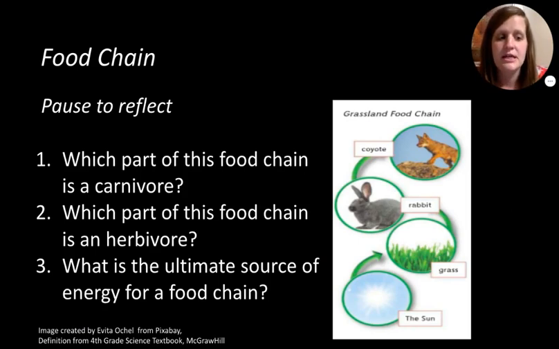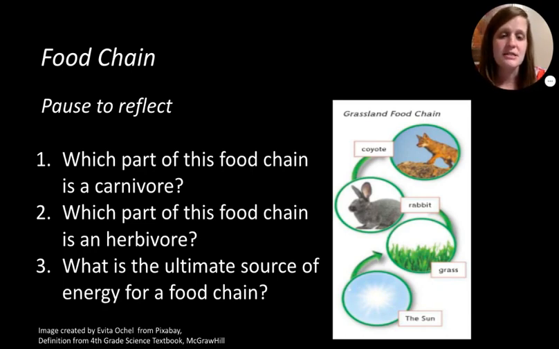Food chain is the path that energy takes from one organism to another in the form of food. This diagram shows that the arrow goes from the sun to the grass. So the sun is giving the grass its energy. Then the energy goes from the grass to the rabbit.